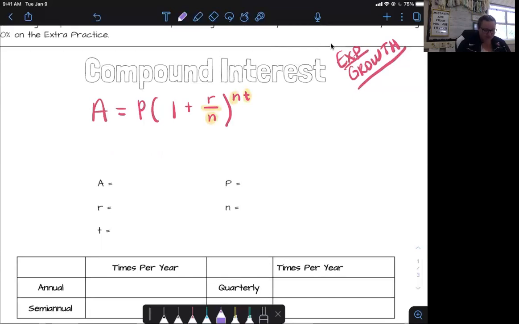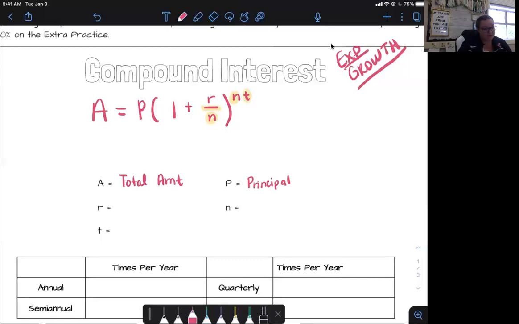So what do each of these things represent? A represents your total amount, your new total after a given time. P represents your principal balance. I can never remember which spelling it is, principal or principle.